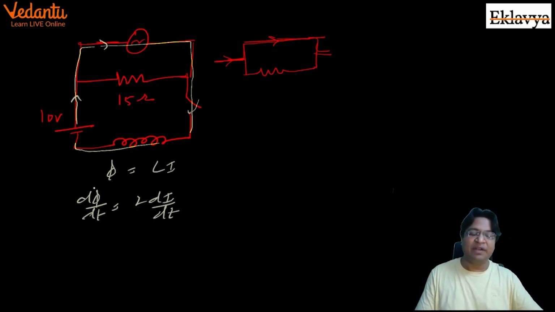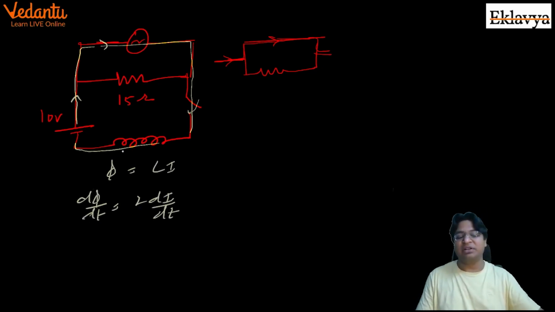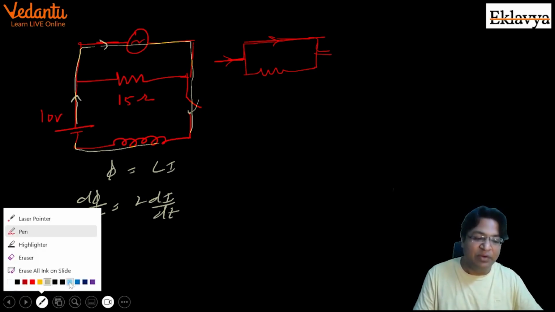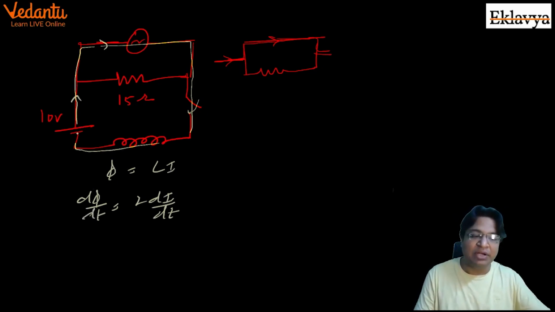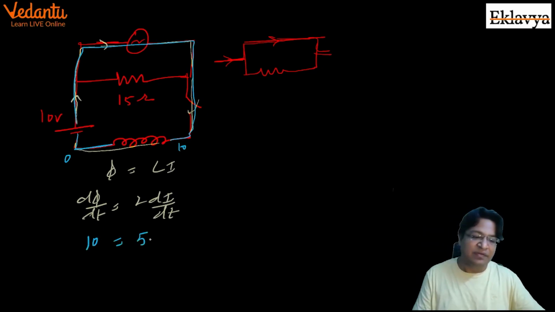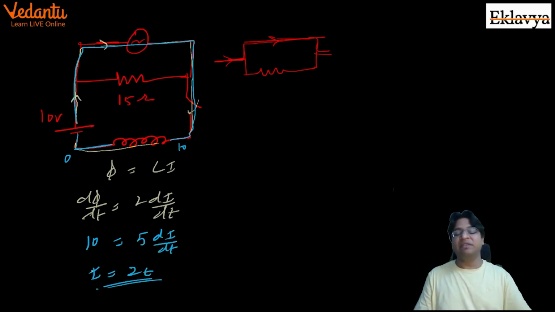Okay, and this d phi by dt is the EMF across the inductor because there is zero resistance in the entire path. So if we go with potential distribution, at any point in time, the potential at this point can be considered as 0 and the potential here can be considered as 10. So this d phi by dt is actually fixed at 10. So 10 is equal to L, and L is given to be 5, so 5 into di by dt. So I is actually 2t. The current is a linear function of time here.